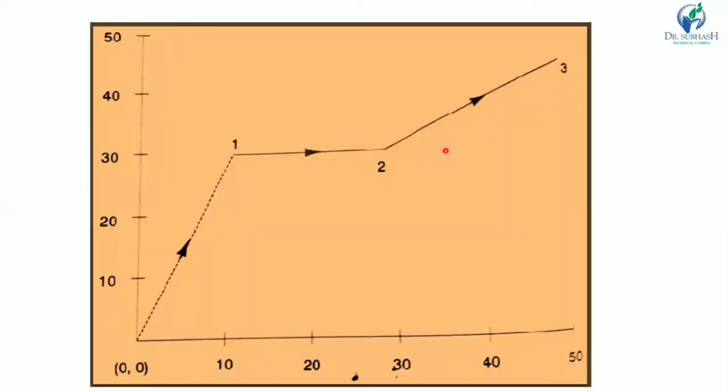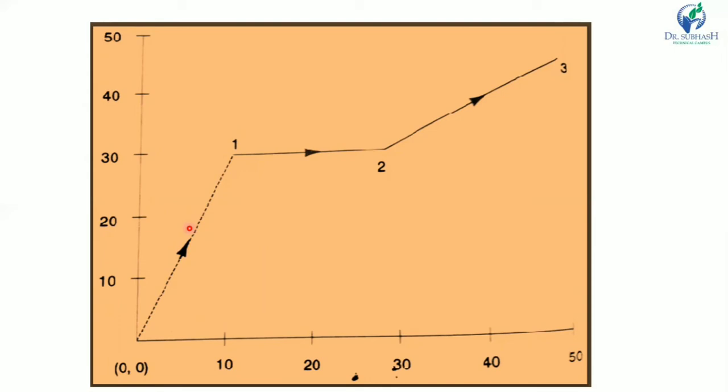Now let us understand with one example. Here you can see the points 1, 2, and 3. This is the 0,0 starting point, and the tool is 20 mm above the job surface, right?